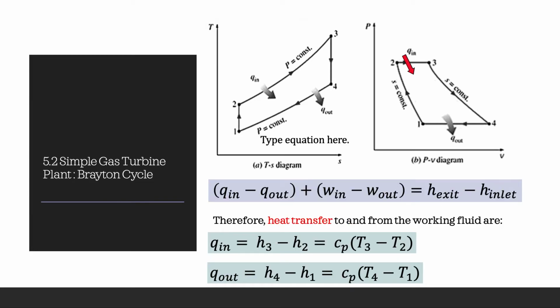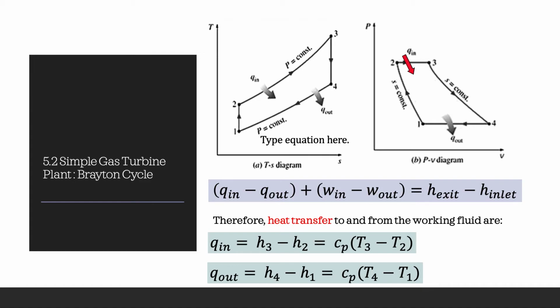So from SFEE, we go through one by one. First thing first, we look at the heat transfer to and from the working fluid. So heat transfer occurs at the combustion chamber and state 4 to 1. 2 to 3 is Q in, and the formula is H3 minus H2 if there is a liquid.